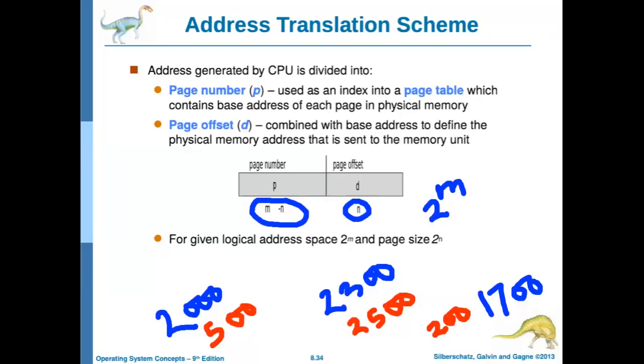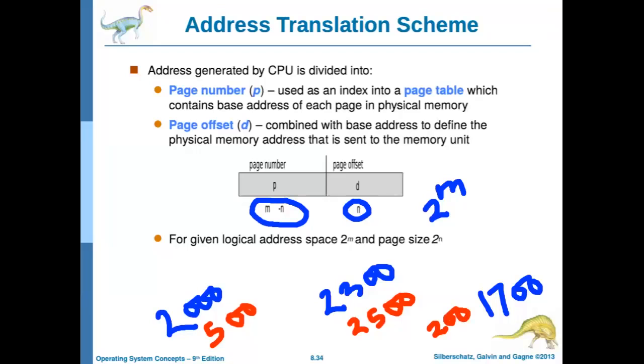Now, does that mean a smaller size is better? Definitely not. The reason is, as the size gets smaller, the length of the page table will increase. The number of entries in the page table will increase, and that will take more time for lookup.